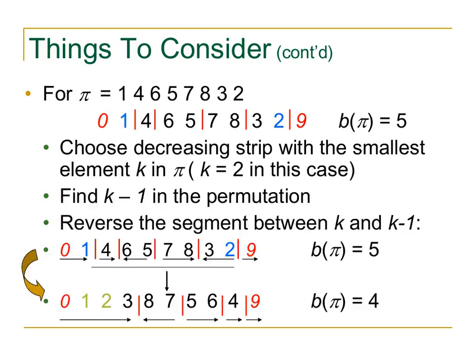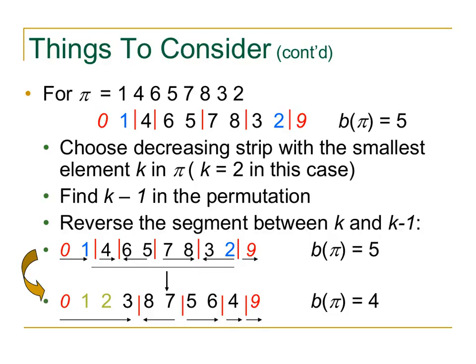Now, building on that setup, we start with the augmented permutation 0, 1, 4, 6, 5, 7, 8, 3, 2, 9, which has 5 breakpoints. First, we identify the decreasing strip whose smallest element is the overall minimum not yet in place, in this case, 2. Next, we locate its predecessor, 1, elsewhere in the sequence.